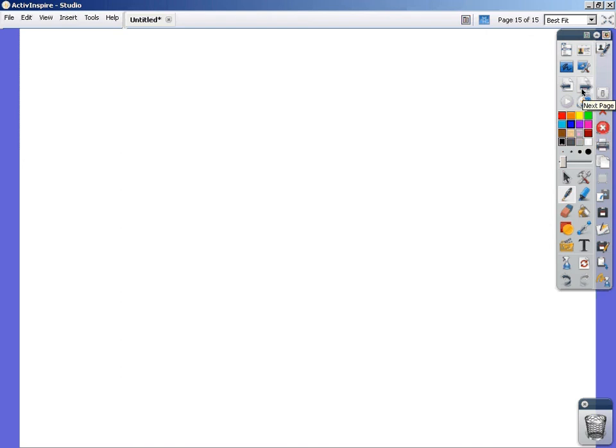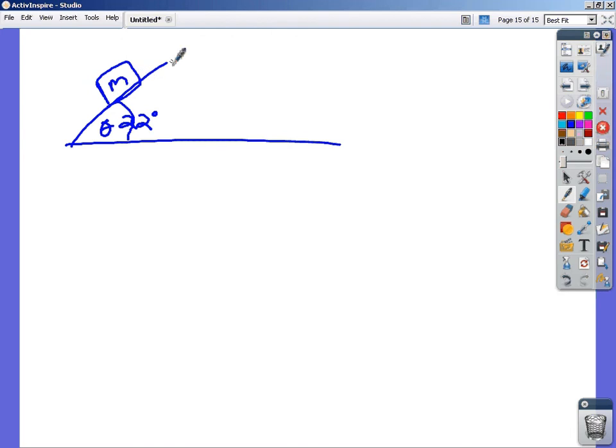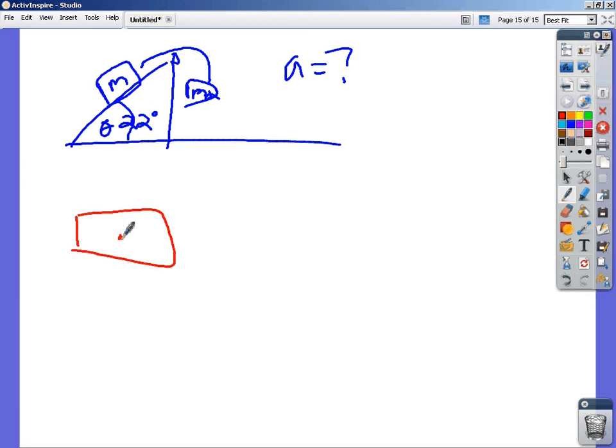Why is it Fg cosine? Because nothing's changed for the free body diagram of this block in terms of how gravity acts on it. So far this is the exact same free body diagram. The only difference is because of this block hanging off the end, we have one more force going up the ramp, and we're just going to say this is equal to the tension force for now.